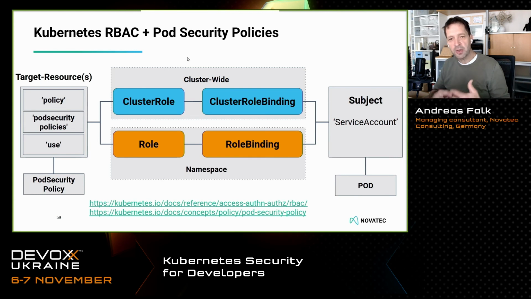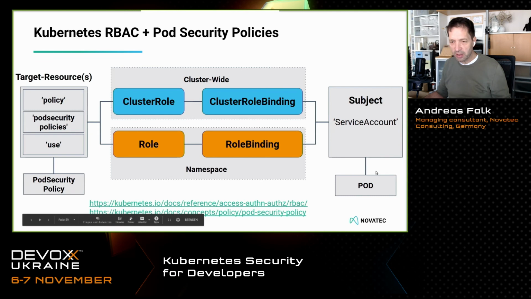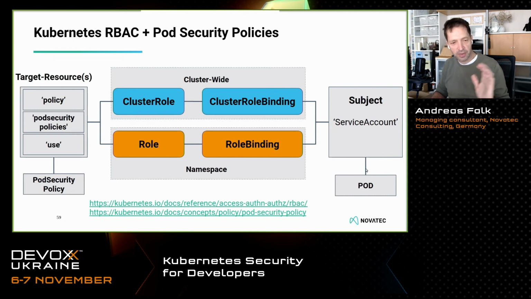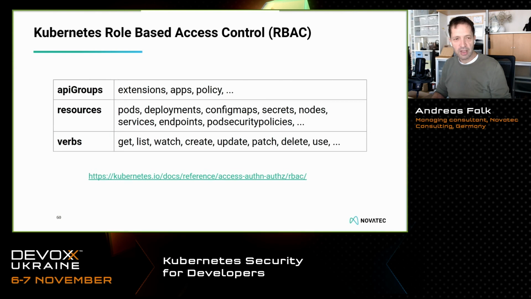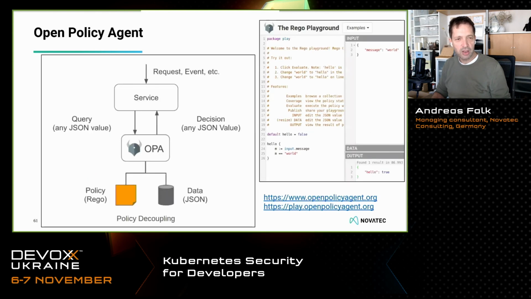Because as soon as you enable pod security policies on your cluster, you won't be able to deploy any container on that cluster if you don't bind to any provided pod security policy. This all sounds a bit complicated. It is quite complicated to get that all right. That's why I will skip that for now.